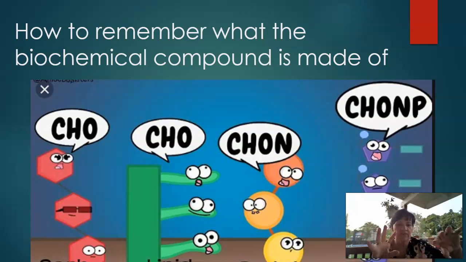Remember, it's just a matter of the different make of them. And then proteins are carbon, hydrogen, oxygen, with nitrogen thrown in. And then the nucleic acid, you add on a phosphorus. So carbon, hydrogen, oxygen, nitrogen, phosphorus. So you can remember what's in each by CHO, CHO, CHON, CHONP. Okay.